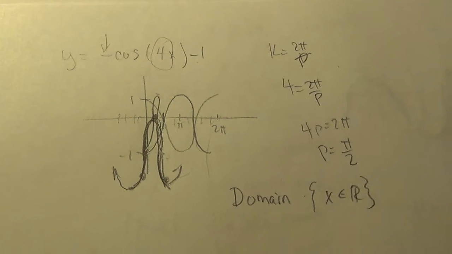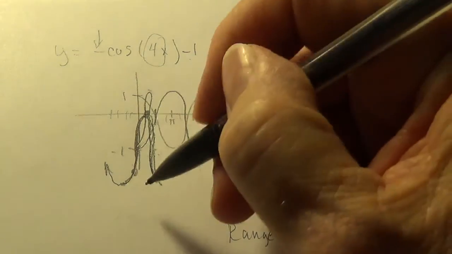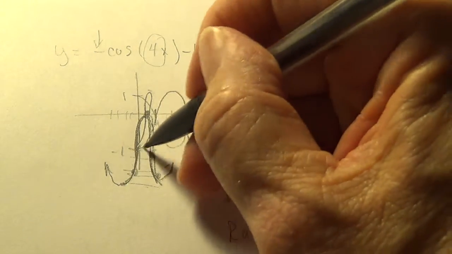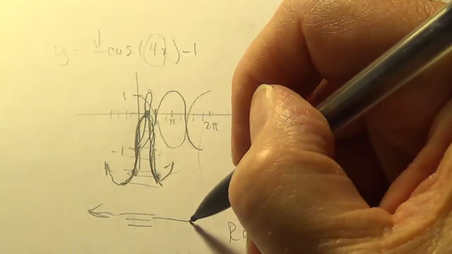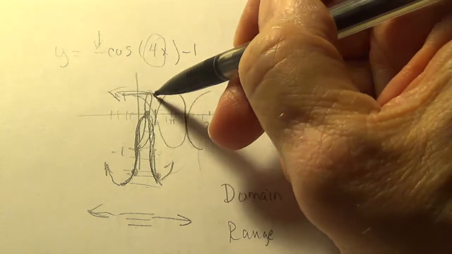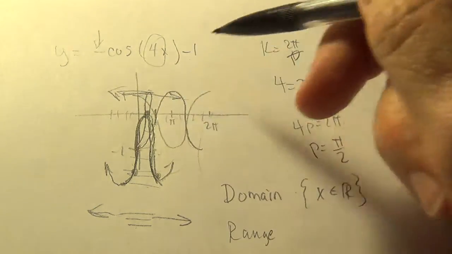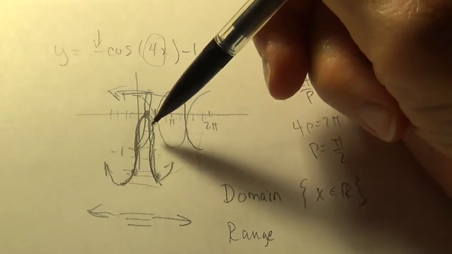The range, however: what values for y will connect to this graph? If I'm down here, I can go right and left and never touch that graph. If I'm up here, going right and left, the values for y will never touch that graph.